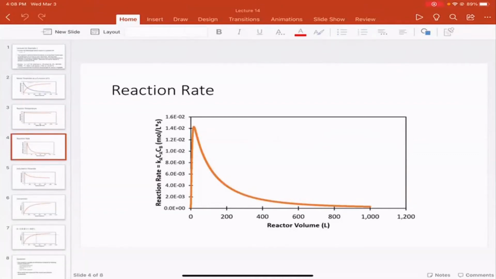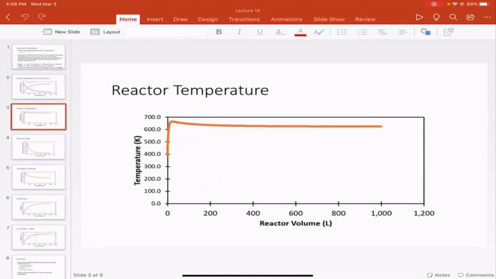So what happens is you're giving up a bunch of heat, and you're generating heat so fast that the jacket itself can't keep up with the heat transfer. And so the temperature actually spikes above the jacket temperature here and reaches about 670 Kelvin.